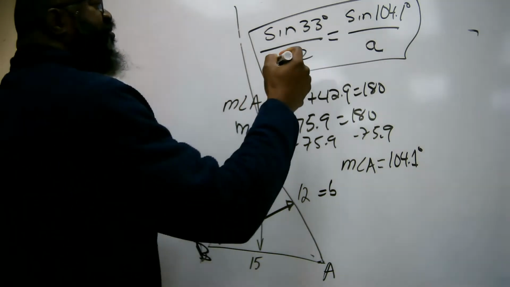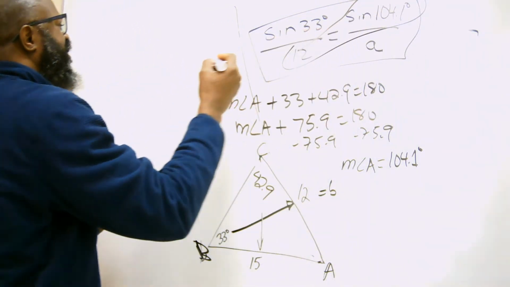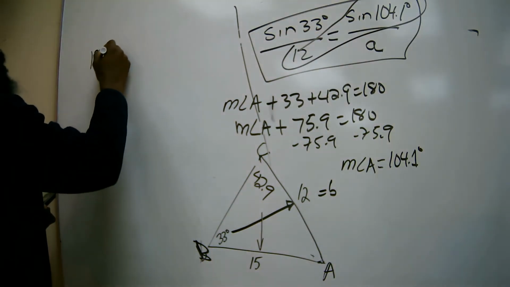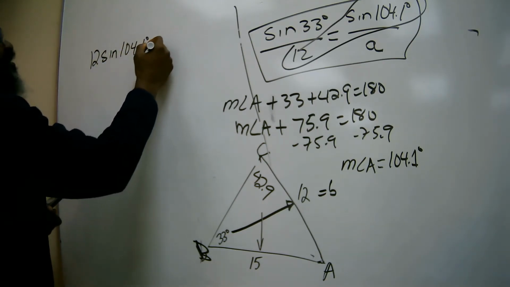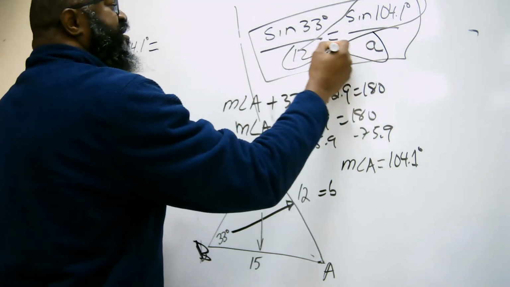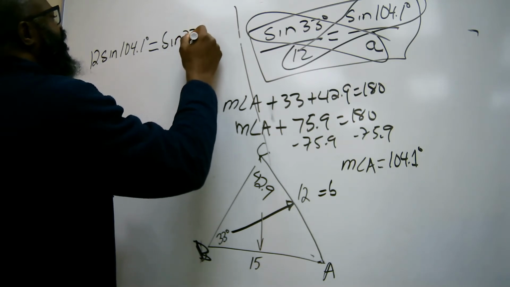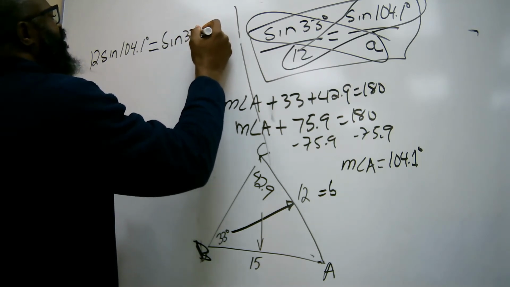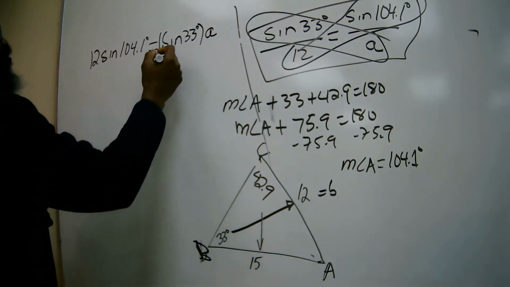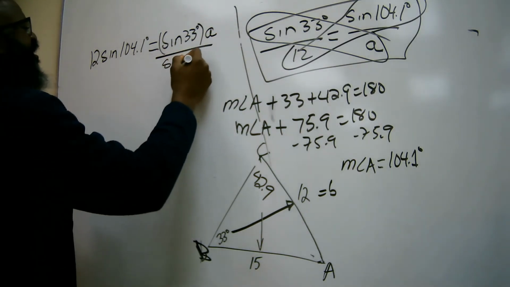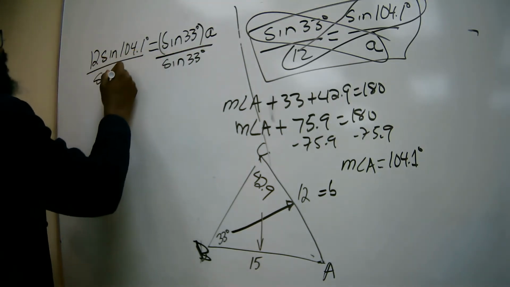Then you will have 12 times sine of 104.1 degrees is equal to sine of 33 times A. Since I'm looking for A, I'm going to divide both sides by sine of 33, and the calculator will do the rest for me.